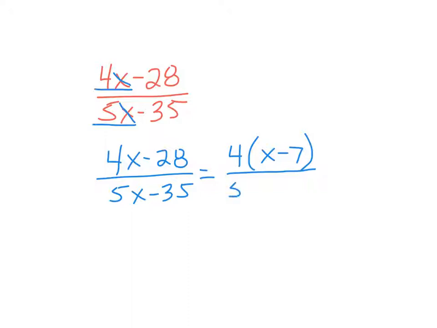On the bottom, I'm going to factor a 5 out of both of the terms, which also leaves me an x subtract 7. Now I have x minus 7 over x minus 7, and these are factors. So I can factor them out, leaving me with an answer of just 4 over 5, or 4/5.